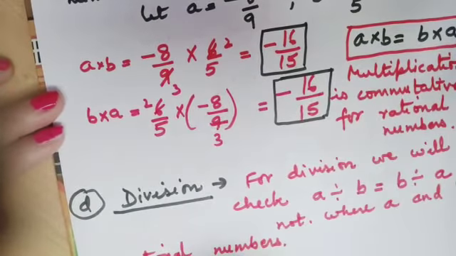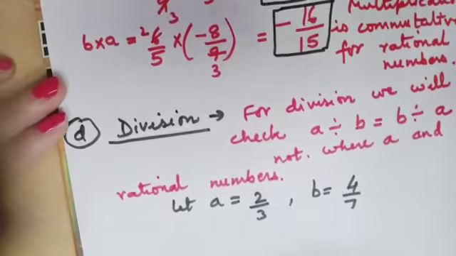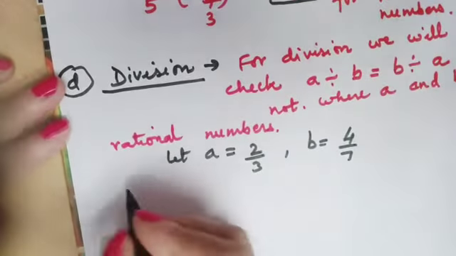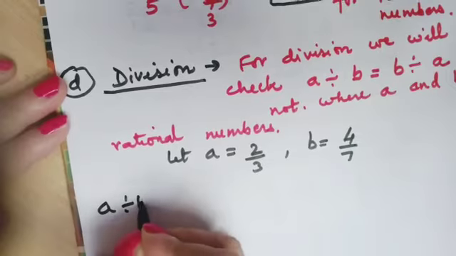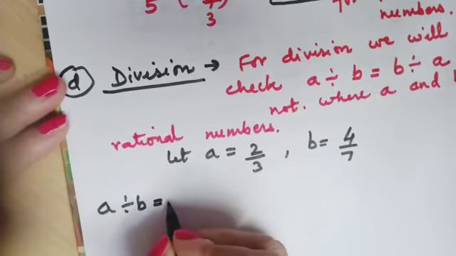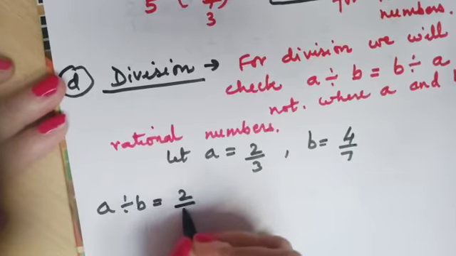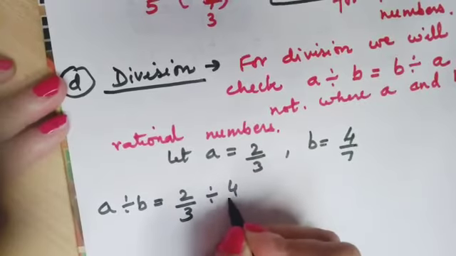Let A is equal to 2/3 and B is equal to 4/7. So we will put the values in A upon B. A by B is 2/3 divided by 4/7.